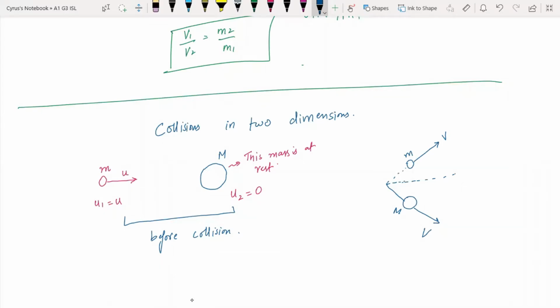This angle here is 30 degrees, and this angle here is 40 degrees, as we saw in the question, right? Are you getting what I'm saying?